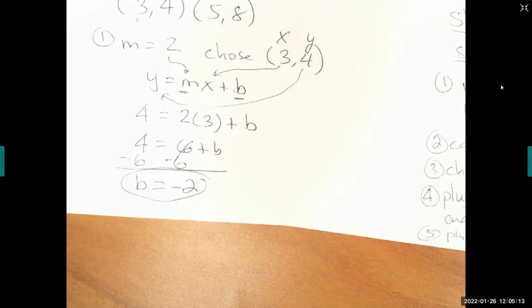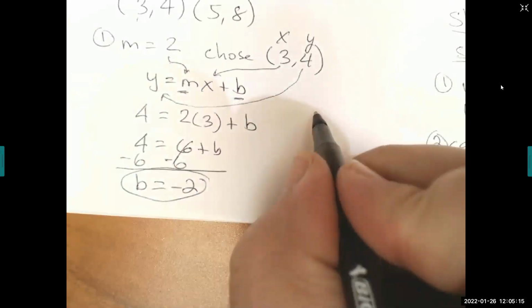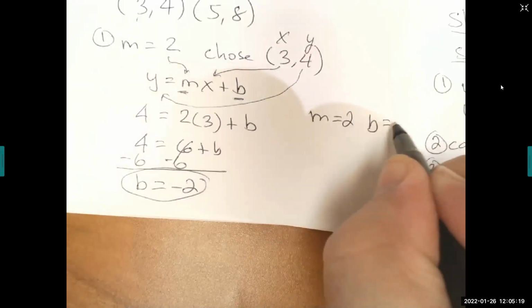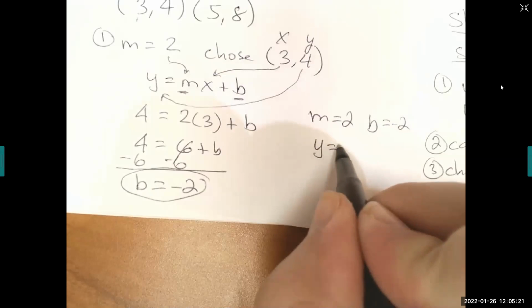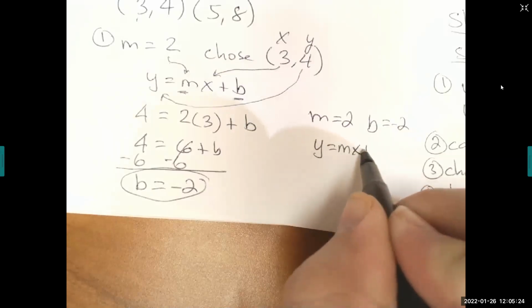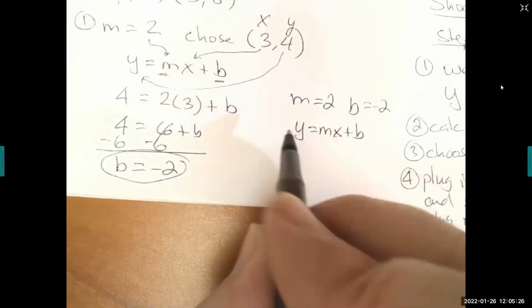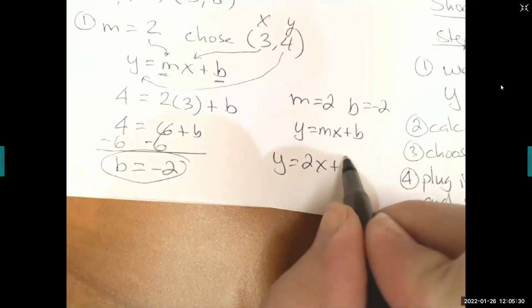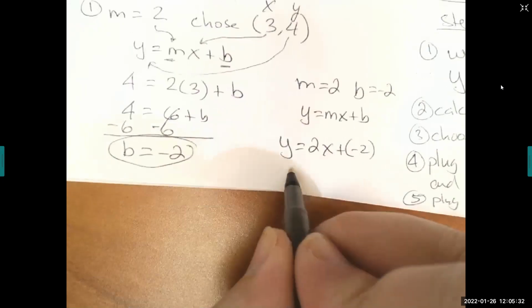That's all the calculations you have to do. We know m is 2. We know b is -2. So plug them in there. Y equals 2x plus -2.